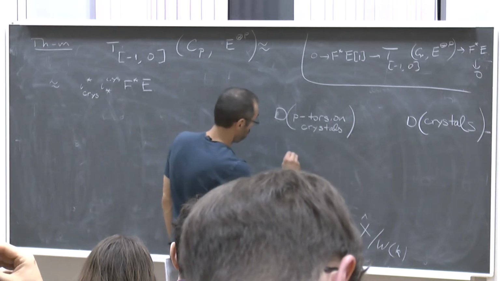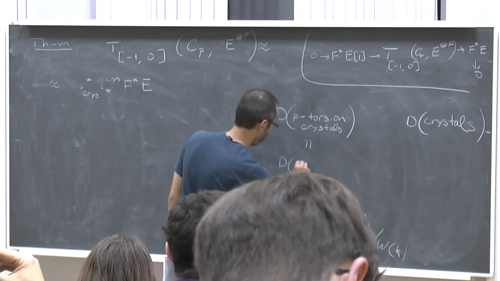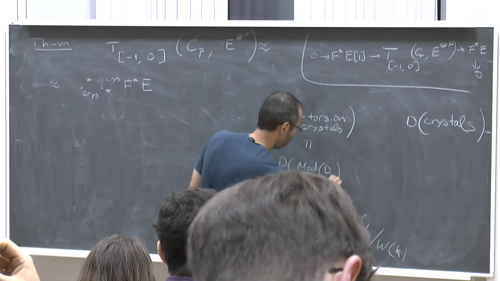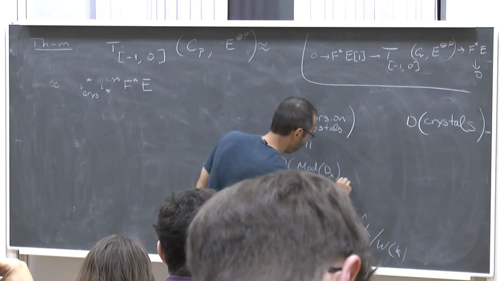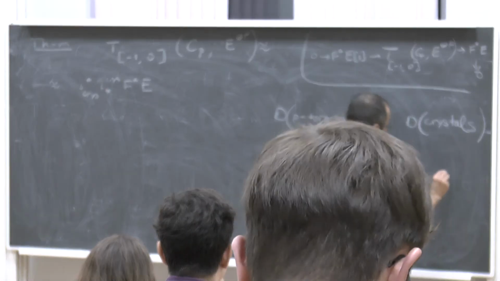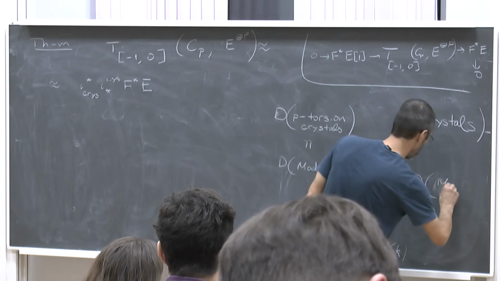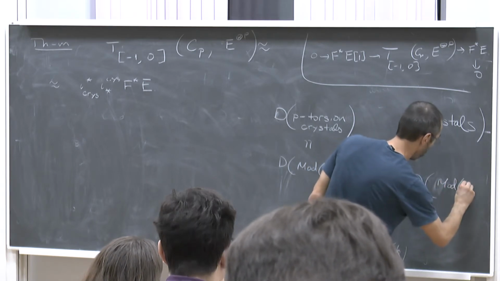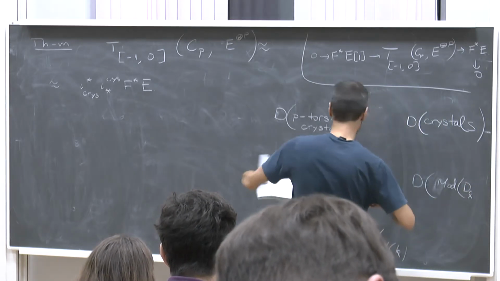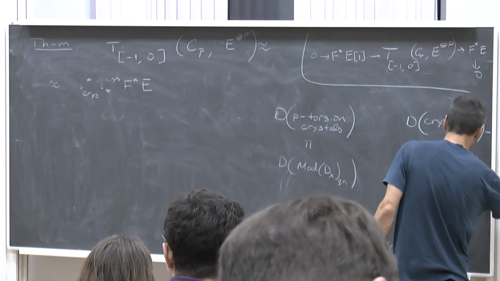Then this category is equivalent to the derived category of D modules with nilpotent p curvature. And this category is equivalent to the derived category of modules over this formal scheme with a quasi-nilpotence condition.